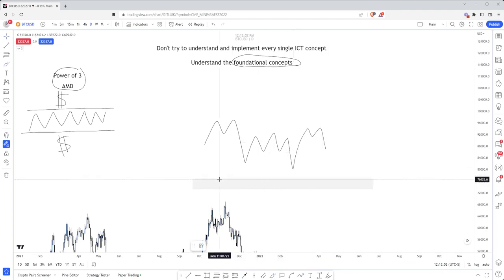All fair value gaps, demand or order blocks or liquidity pools or mitigation, all of them, what are they really? They're just an area of interest. They're just somewhere where you look for triggers. So you want to see accumulation near those areas, right? And then the manipulation is the sharp push. And that's where we look to get involved.